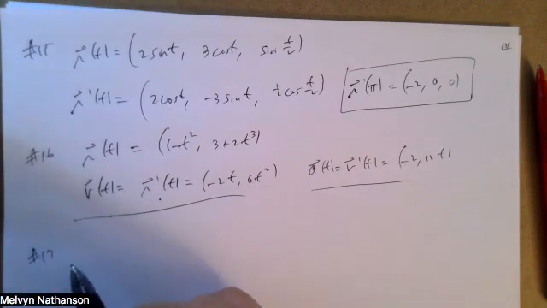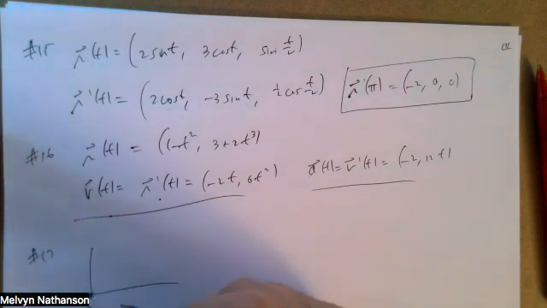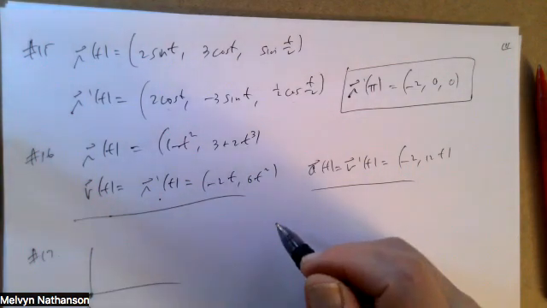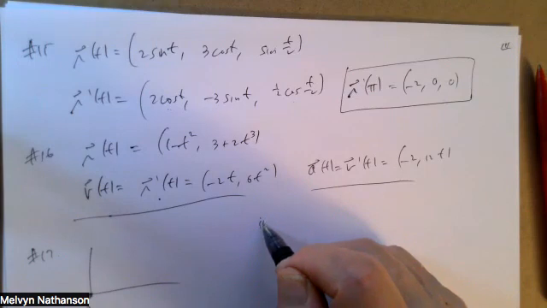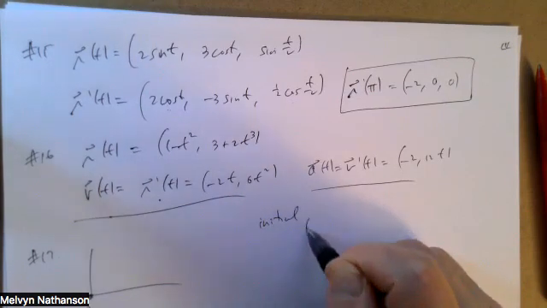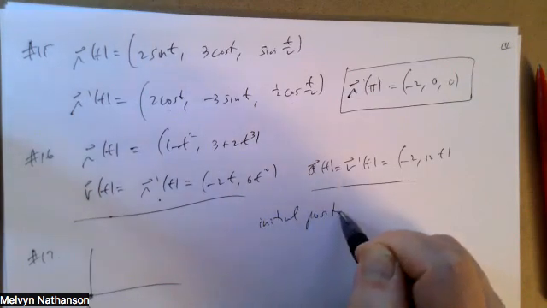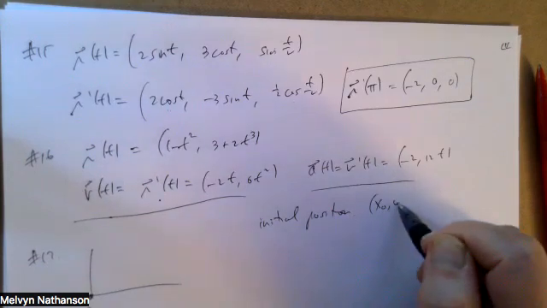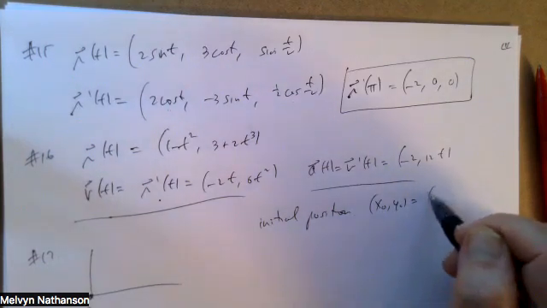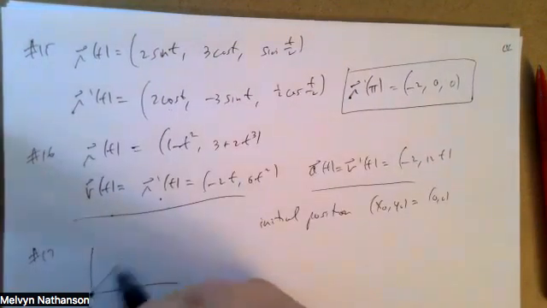Number 17. So you shoot a particle up into the air, starting at the point 0, 0. So the initial position x0, y0 is 0, 0.